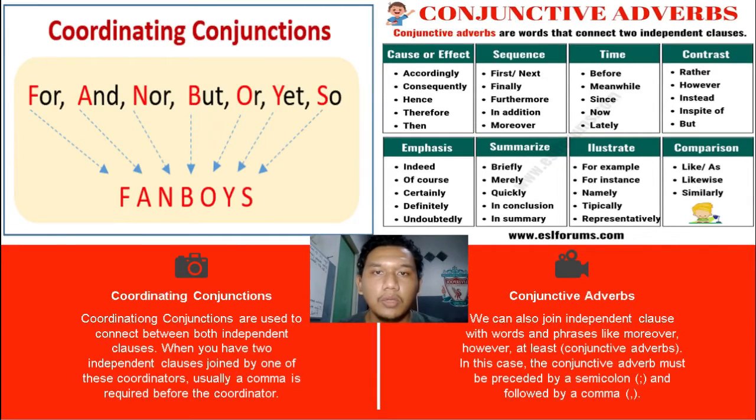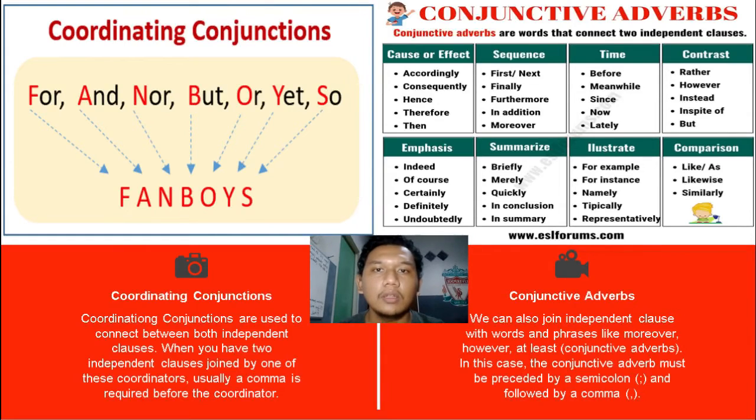From the picture above, we can see the coordinating conjunctions to use in compound sentences. There are F for, A for and, N for nor, B for but, O for or, Y for yet, and S for so. But we can put it into an acronym to make it easier, called FANBOYS.